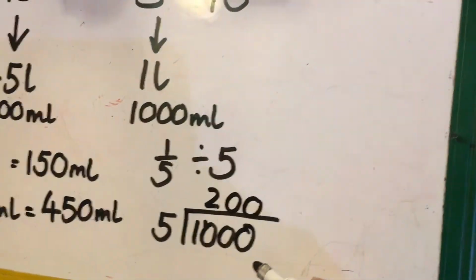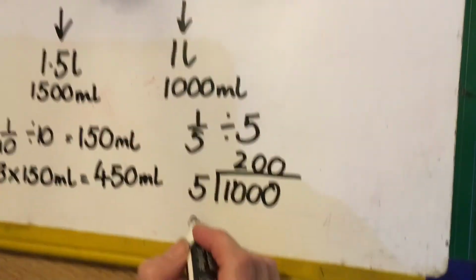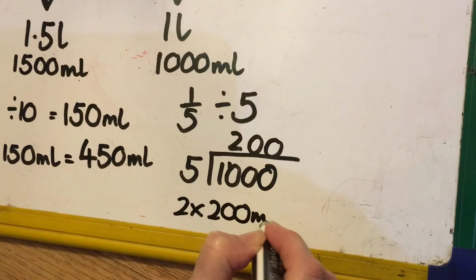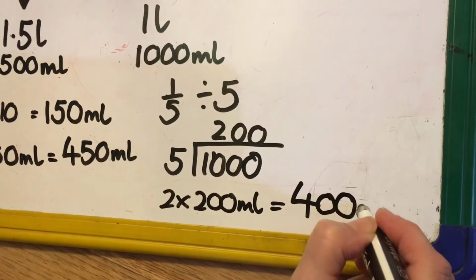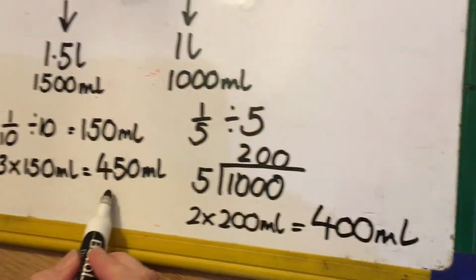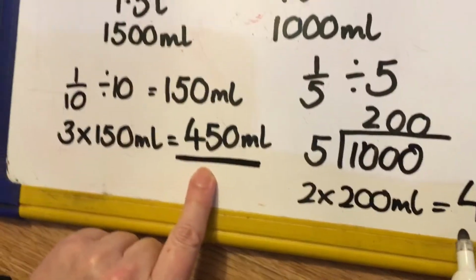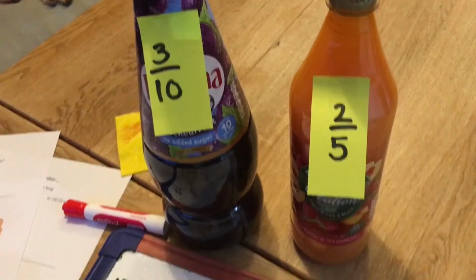So 1/5 is 200, but remember I wanted 2 of them, which will therefore be 2 lots of 200 millilitres, which is 400 millilitres.